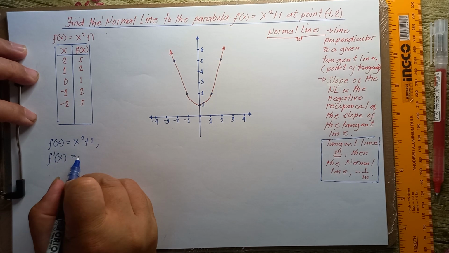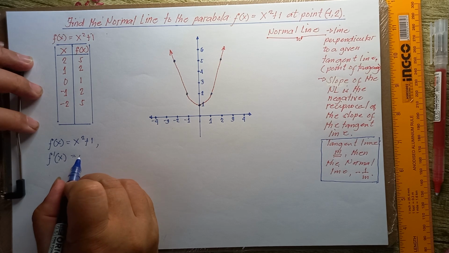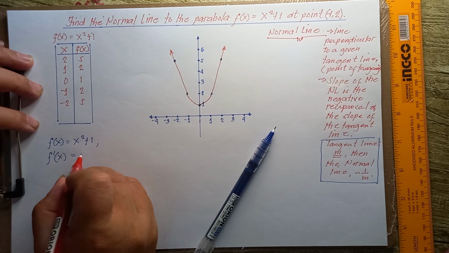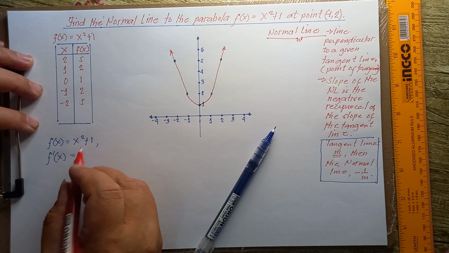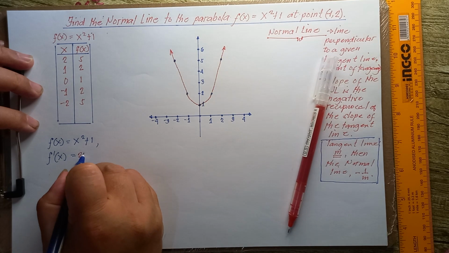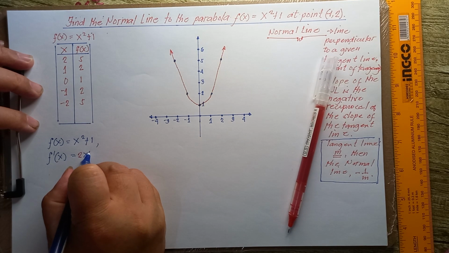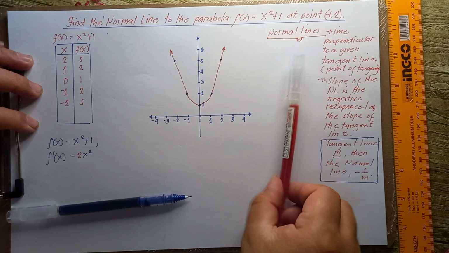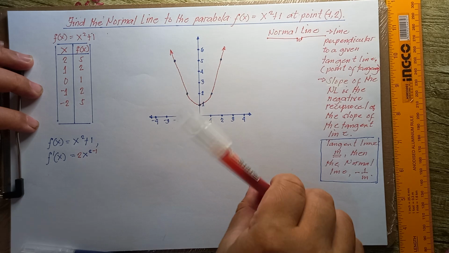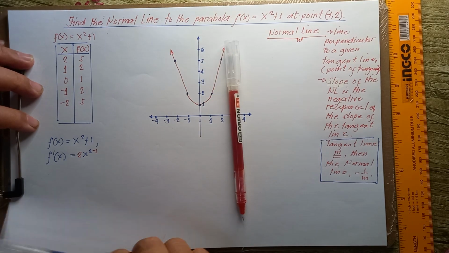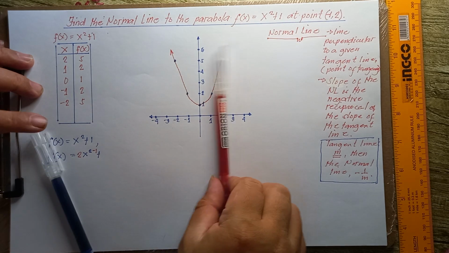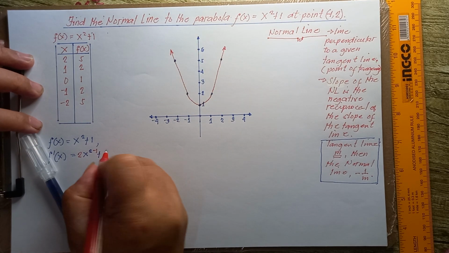The derivative is the same as we make use of the shortcut, the power rule. That is 2 multiplied by x raised to 2 minus 1. We're going to make use of the shortcut method. So what is the derivative of the constant? We have said that the derivative of the constant is always 0.